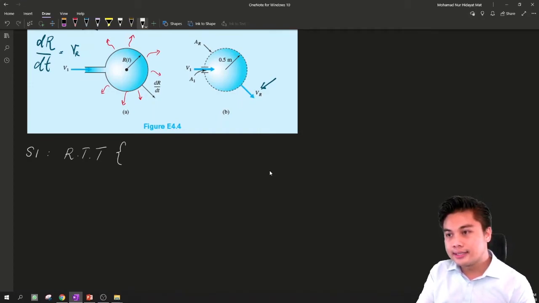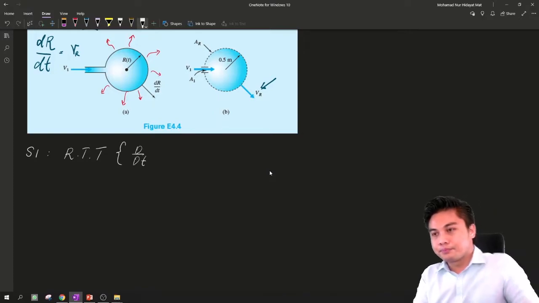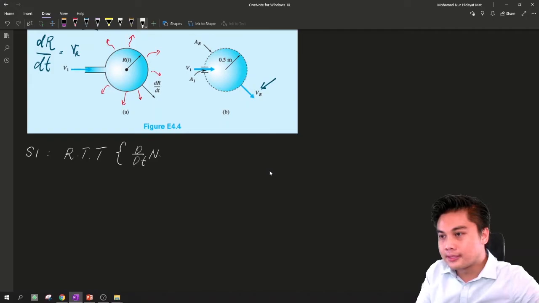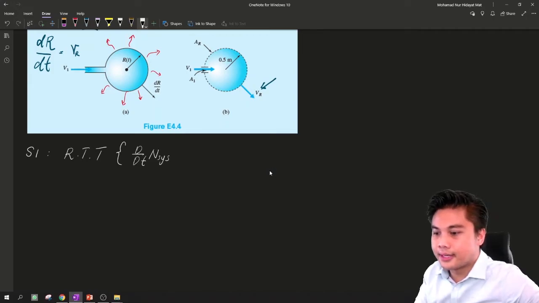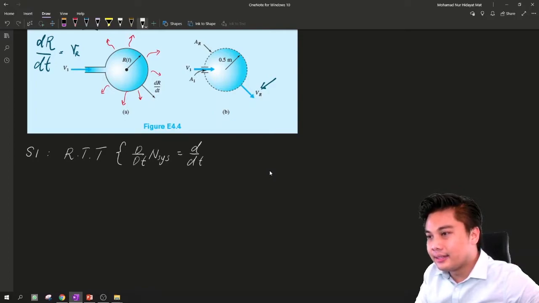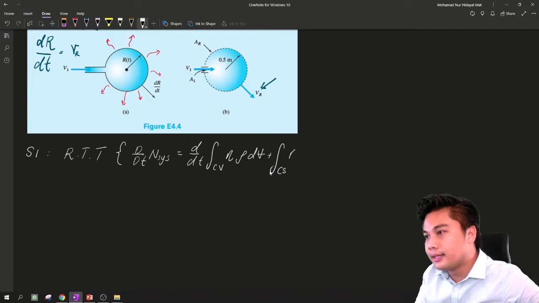We get here d over dt of the system, and then equal to d over dt integration of control volume intensive property multiplied with rho dv plus the integration of control surface intensive property rho v dot n, the unit vector, dA.